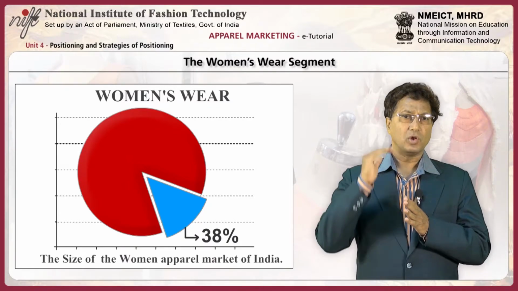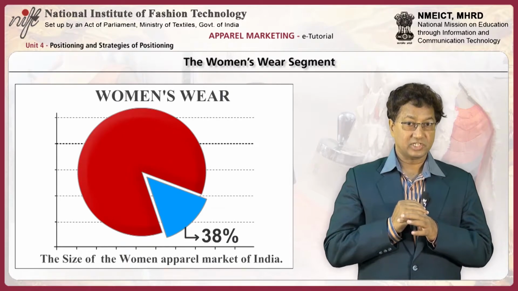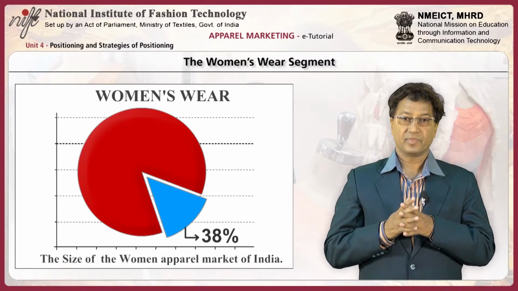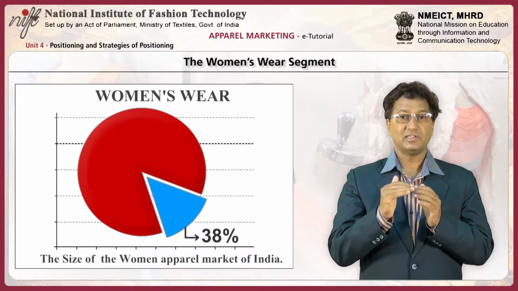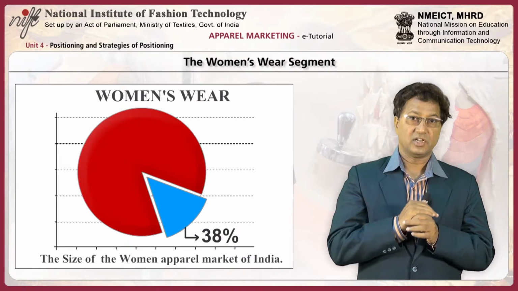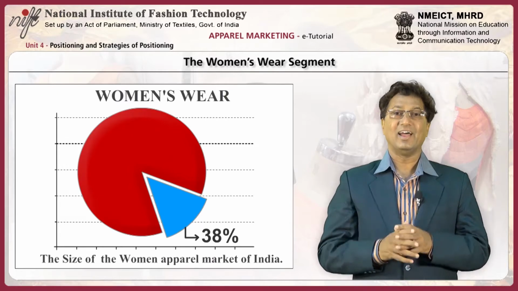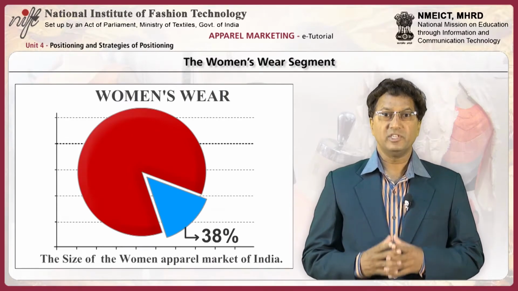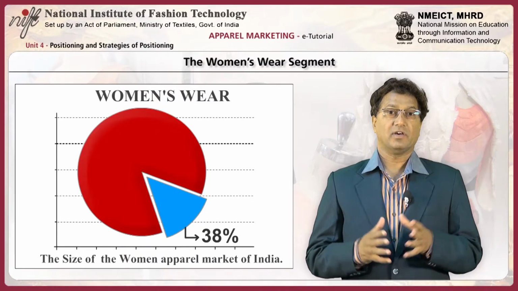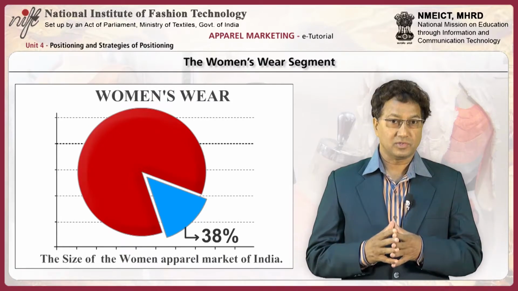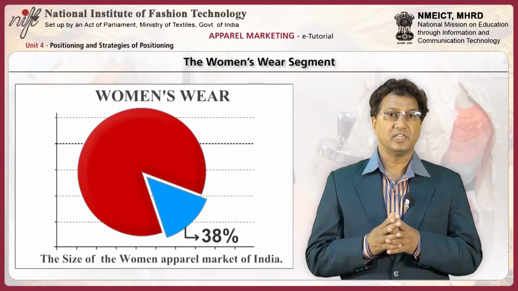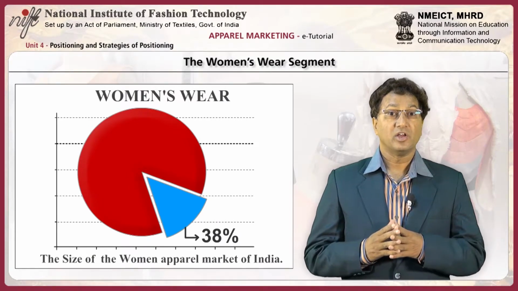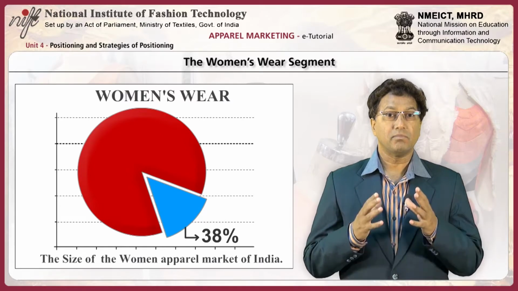With a relatively lower penetration of brands and growing disposable income of modern women, this segment has become the focus of many Indian and international brands. Indian ethnic wear, which includes sari, salwar kameez and blouse, is the biggest category within the segment with a 75% share of the entire women's wear market.